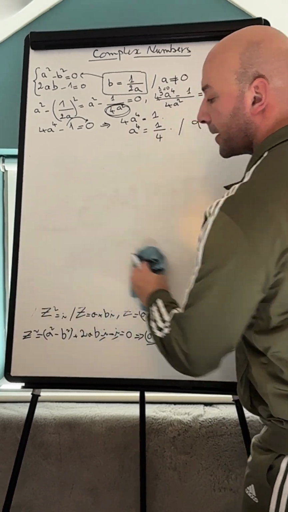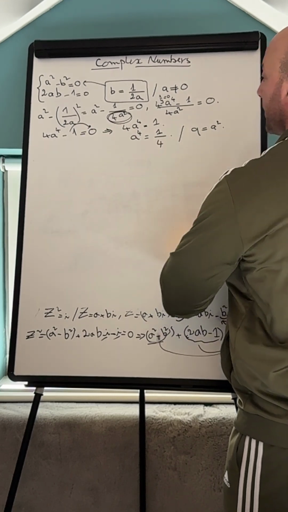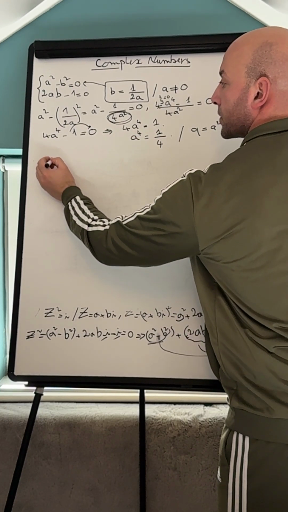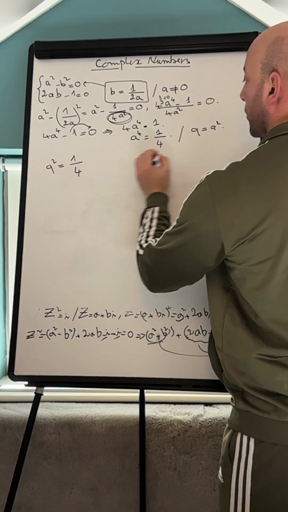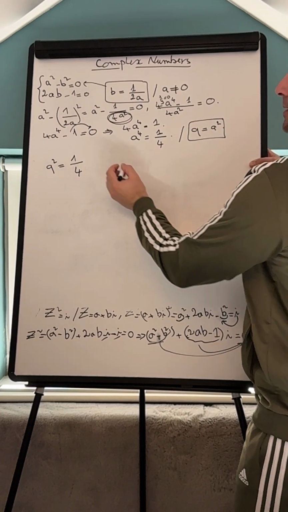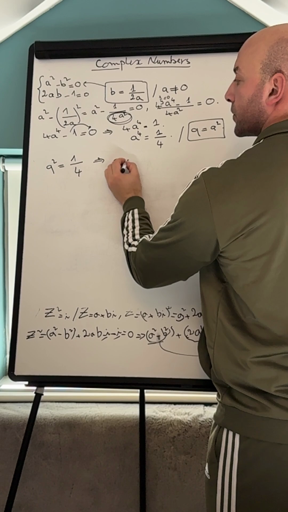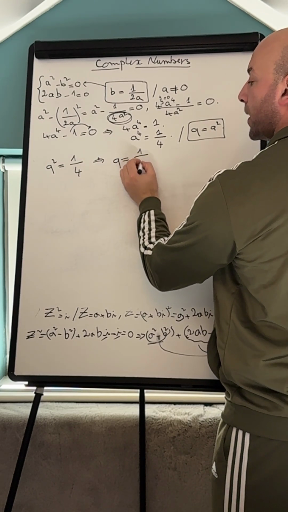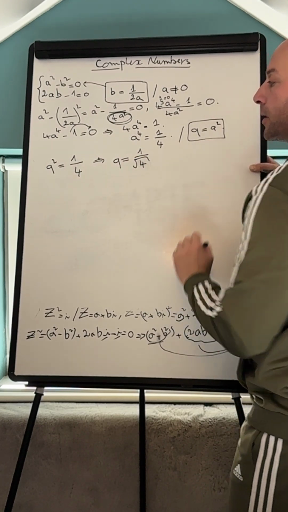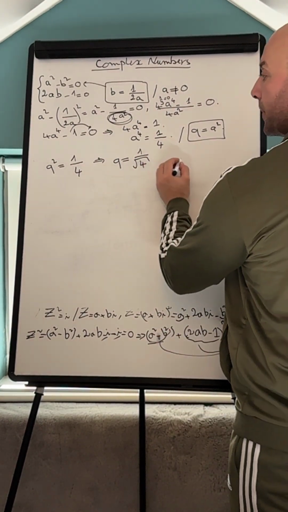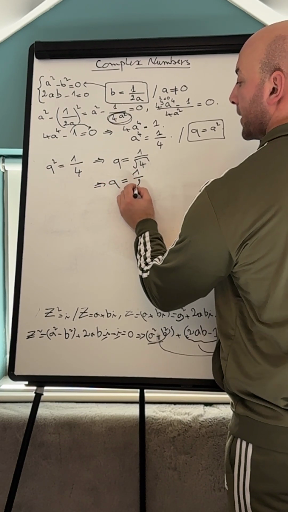Okay, and then from here we've got q squared equals 1 over 4. You have to remember this. So from here, taking the square root, q equals the square root of 1 over 4, and then from here what we can get is q equals 1 divided by 2.